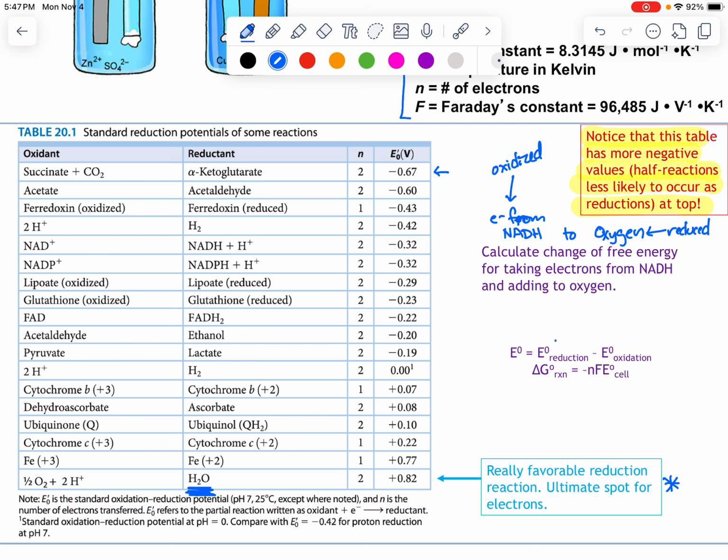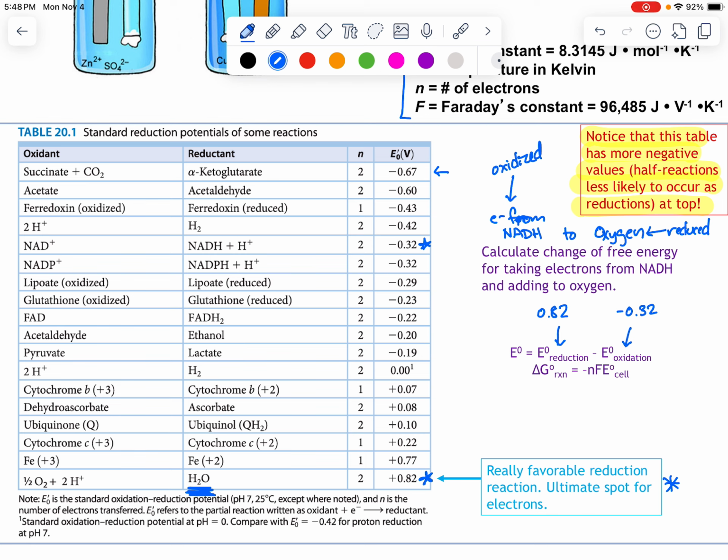So when I look at this for my reduction potential, I would come down and find the value for oxygen taking electrons. So that's our 0.82. Our oxidation is going to be right here, negative 0.32.